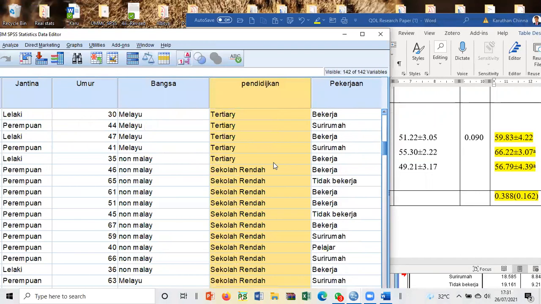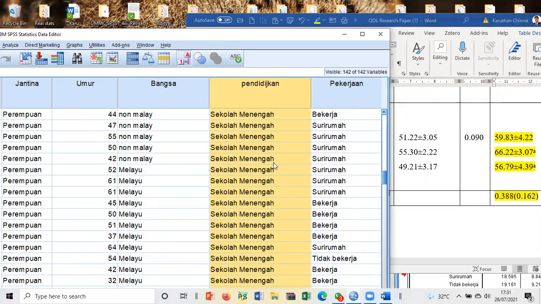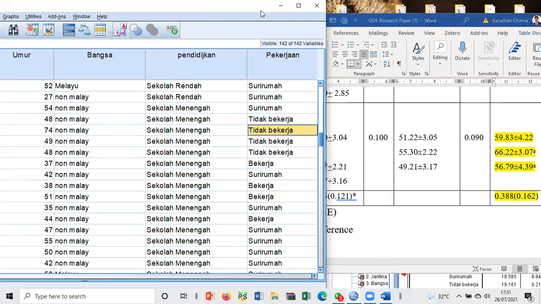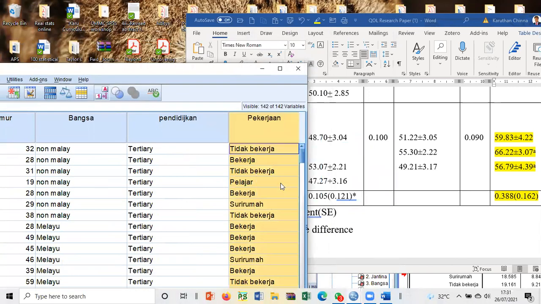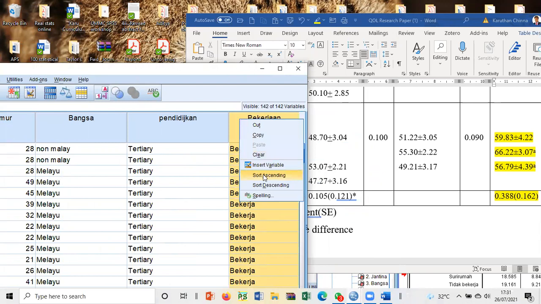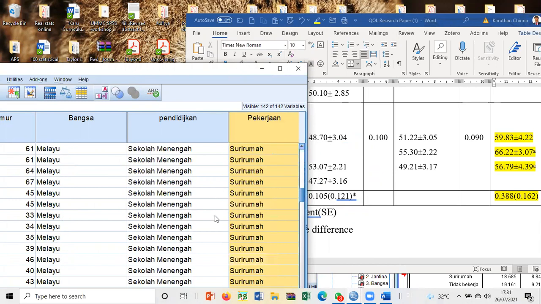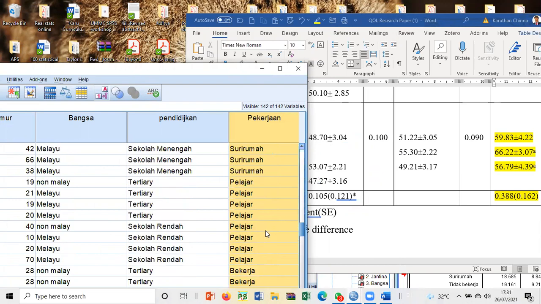Tertiary, sekolah rendah, sekolah menengah. All the rest will be sekolah rendah. Pekerjaan. A lot of mistakes. Bekerja, tidak bekerja, suri rumah. 3, right? Okay. Pelajar all become tidak bekerja.